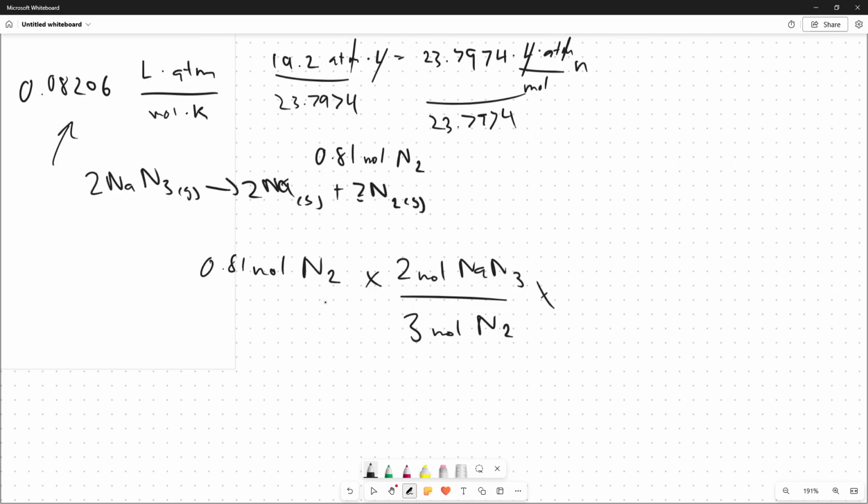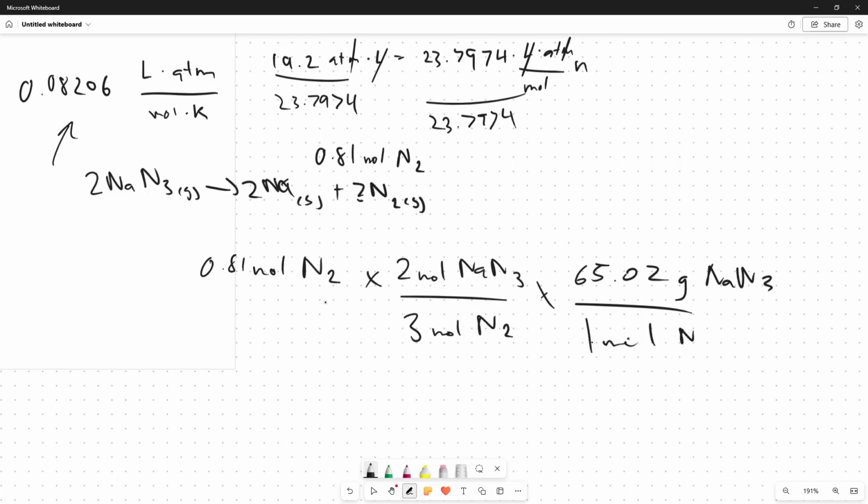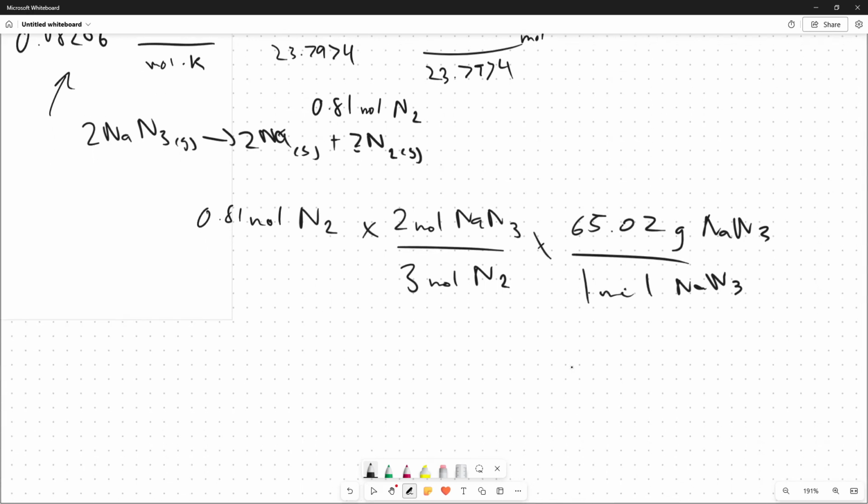So for every 1 mole, we have 65.02 grams, because we need to get to grams. 65.02 grams of NaN3 for every 1 mole. Okay, and this will give us 1108, and it's going to be grams.